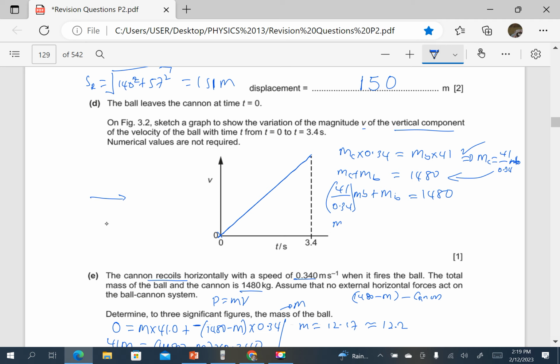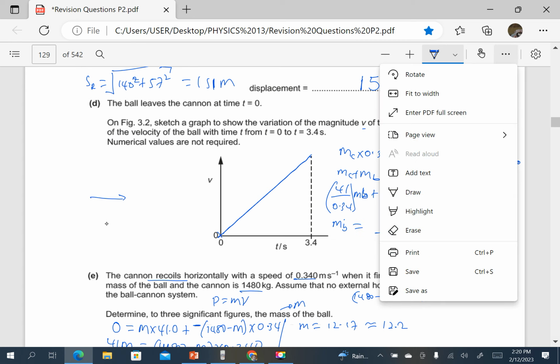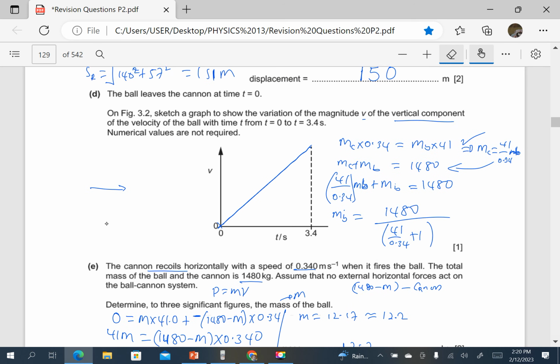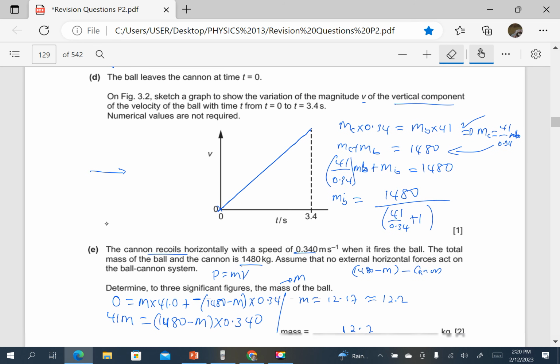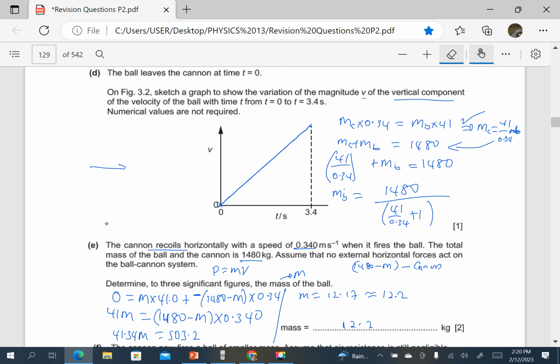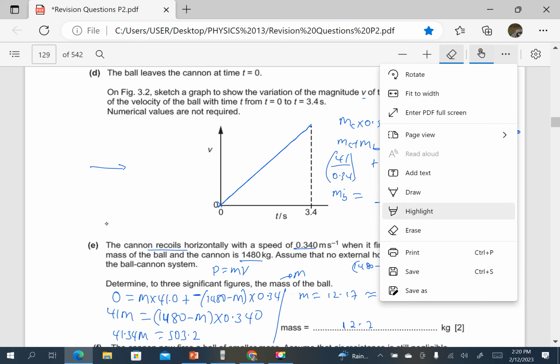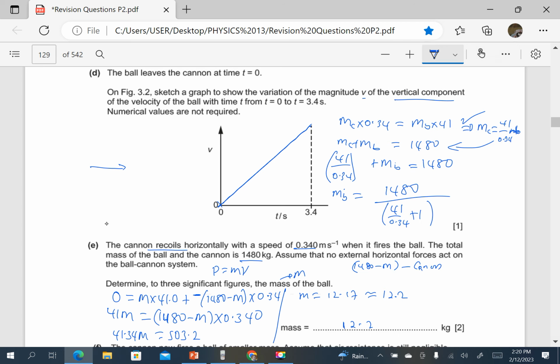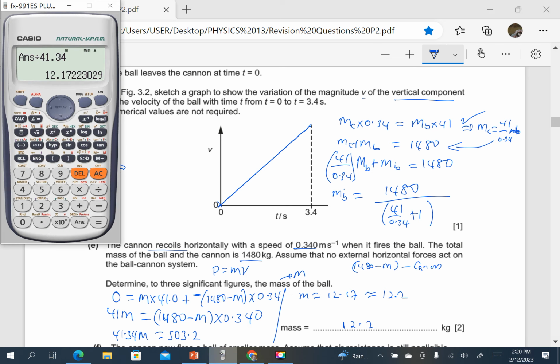This means the mass of the ball is equal to 1480 divided by, in brackets, 41 over 0.34 plus 1, because the mass of the ball was a common factor here. The one here is because I was making the mass of the ball the subject. So now solve this.